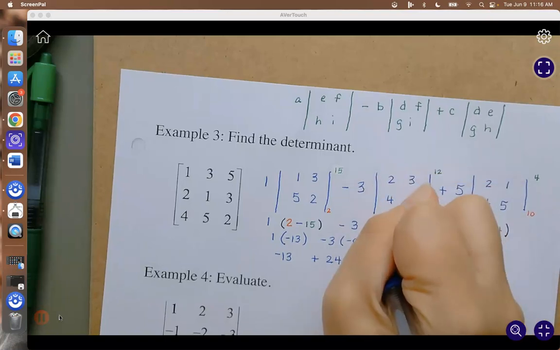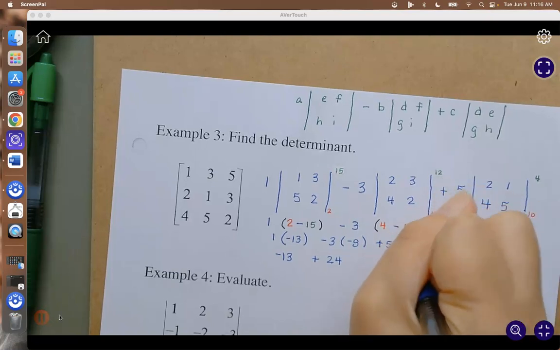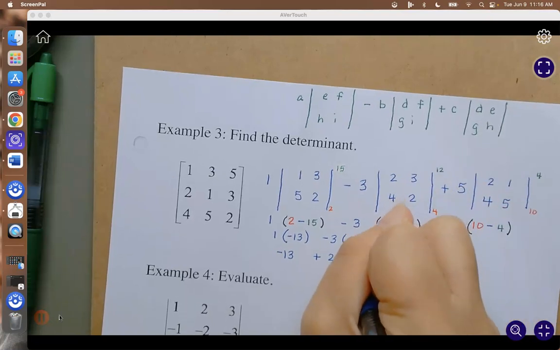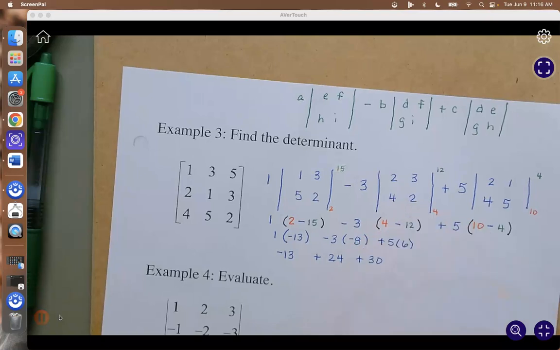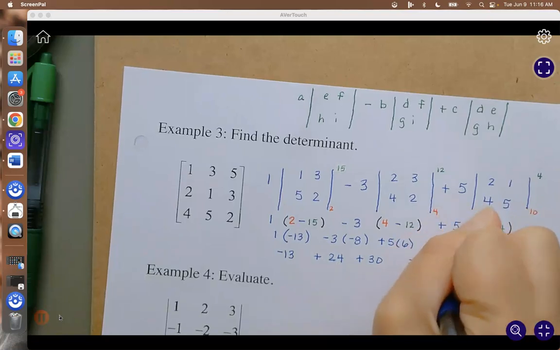Then 10 minus 4 is 6. 5 times 6 is 30. So when I do -13, 24, and 30, my determinant is 41.